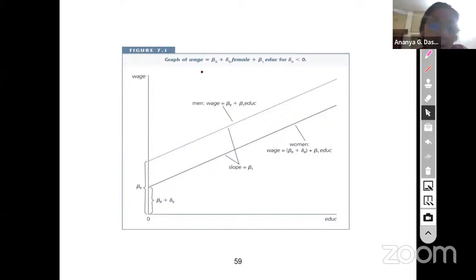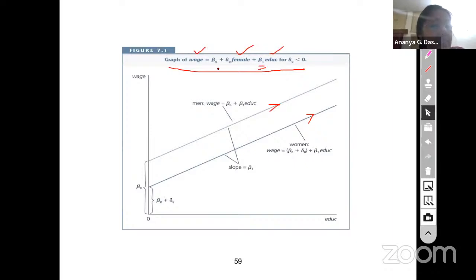That when you are estimating a model where you're regressing a dependent variable on an explanatory variable and a dummy, you're actually allowing for two lines which have the same slope. The slope is the same. The slope is beta 1, right? But the intercepts are different. In this case, you see they are using the female dummy.